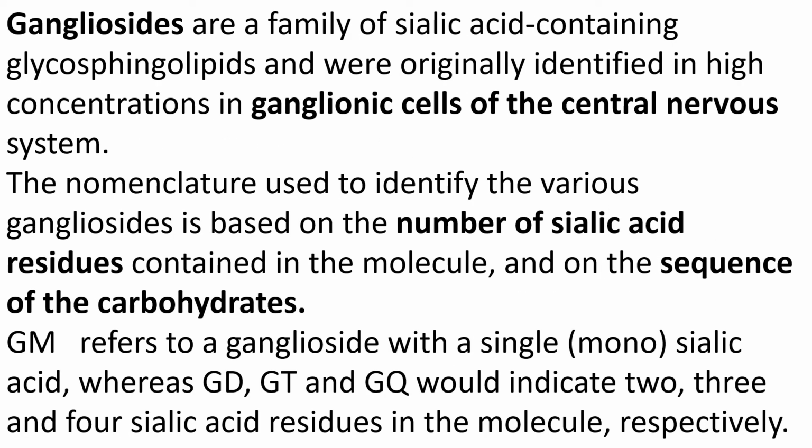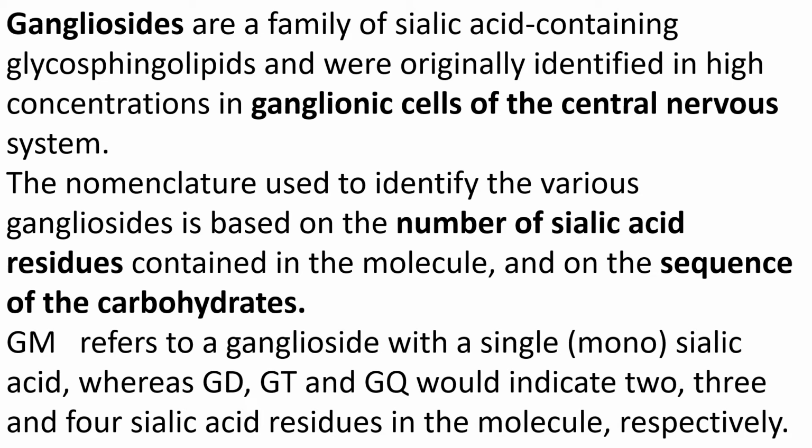Now you are very well aware that cerebrosides are ceramide plus monosaccharide. This monosaccharide can be glucose or it can be galactose. Gangliosides have carbohydrates in the form of an oligosaccharide chain.